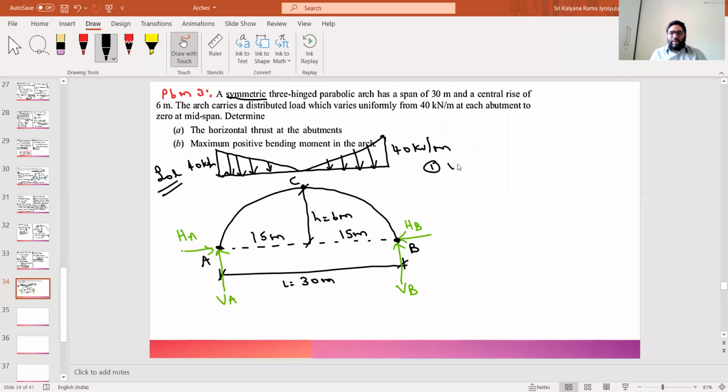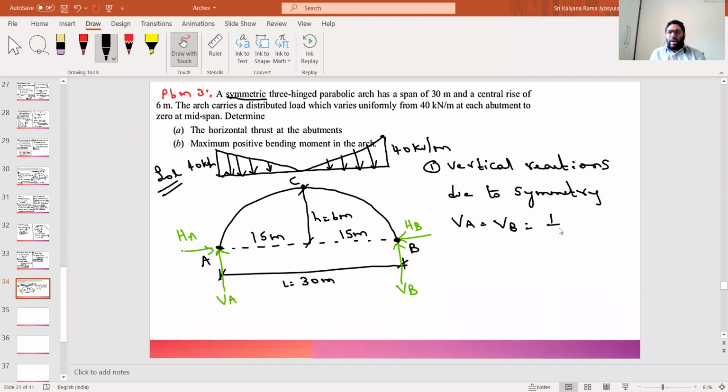So first step, vertical reactions. Due to symmetry, VA is equal to VB is equal to half into total load. So what is the total load? Half into 2 into the area of the triangle. What is the area of a triangle?